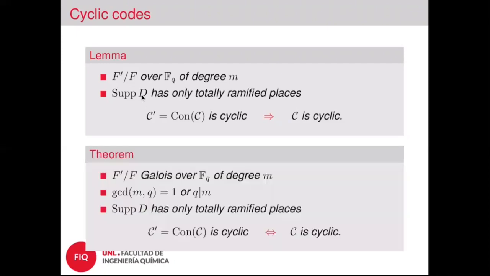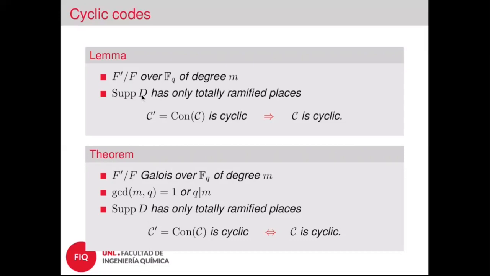And the more important thing is that if the extension is Galois of degree m, and m is coprime with q, or q divides m, and we are in this setting where D has only totally ramified places in its support, then the conorm code is cyclic if and only if the original code was cyclic.